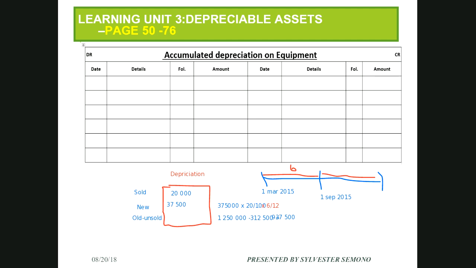So when we minus, how much do we get? I got 337,500. Correct me if I'm wrong.